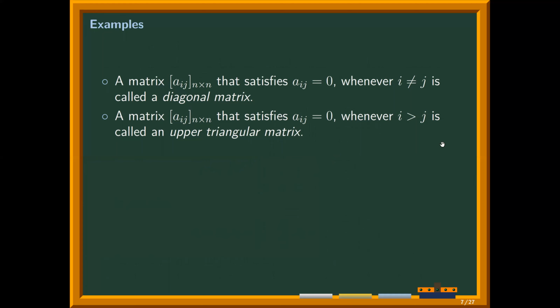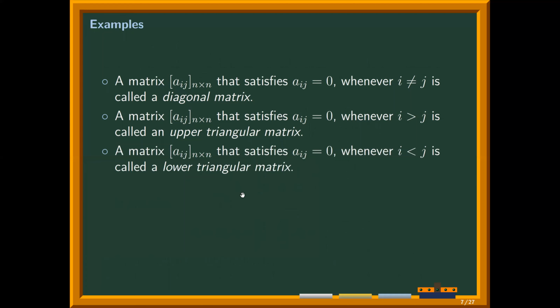So this tells us that in an upper triangular matrix, the entries below the diagonal are all 0. And we can similarly define the notion of a lower triangular matrix, wherein the entries above the diagonal are all 0.